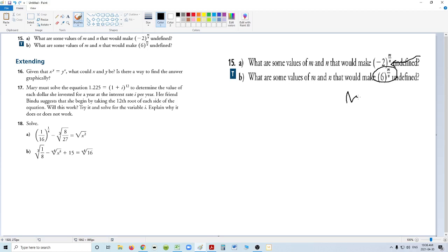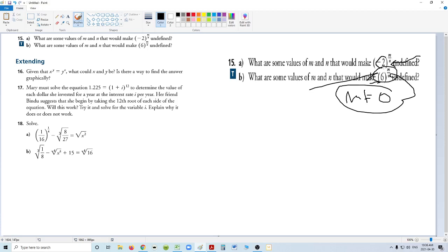Oh, n can't be 0. But anything else is fair game. Yep, that's the only one. The only reason is because you can't have a fraction up here that's 0. Other than that, any possible m and n is possible.